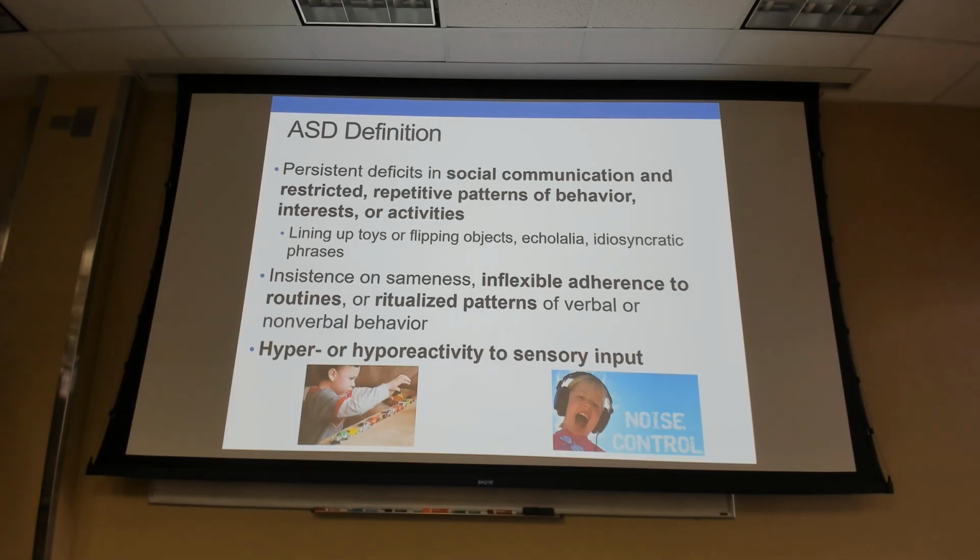So if we're trying to define what is autism, we're looking at deficits in specific domains. So when we said all of the domains were affected, or multiple domains were affected in these young children, that was when we were talking about global developmental delay. It's a little bit different when we are looking at autism.